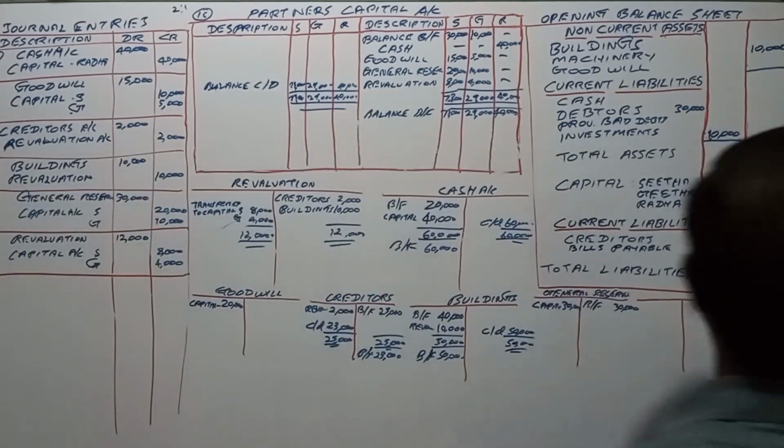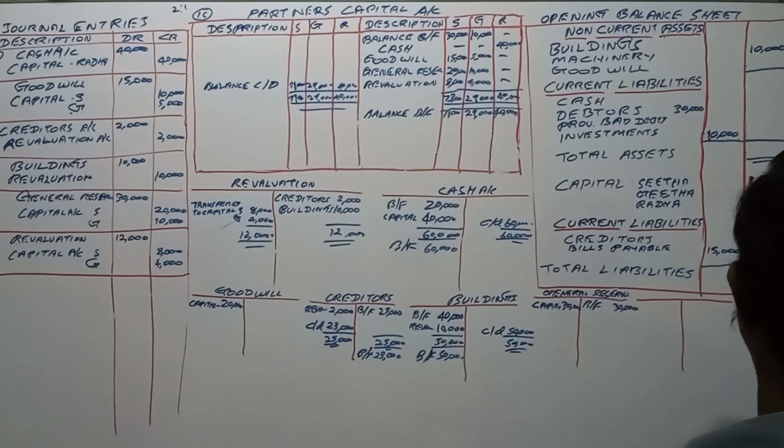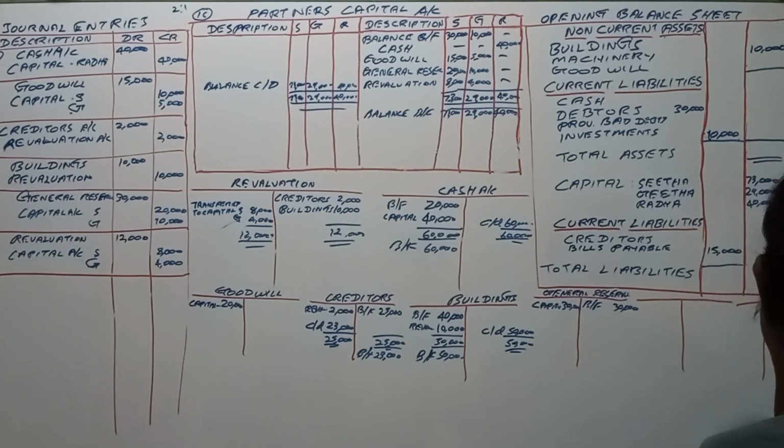Here we will say 73,000, 29,000 and 40,000. The total is 142,000, right?